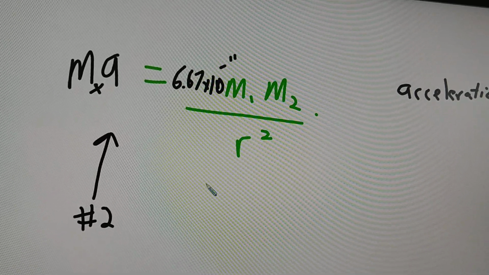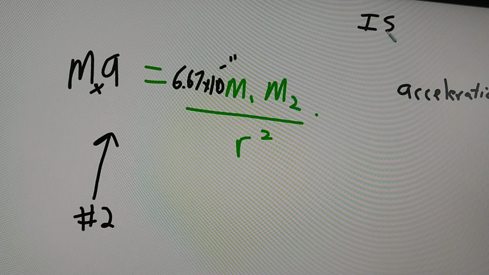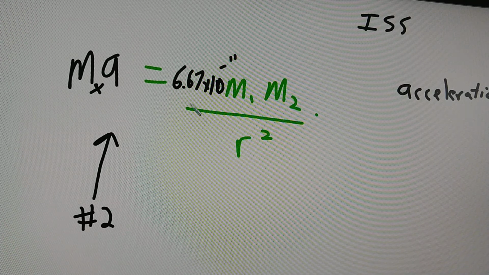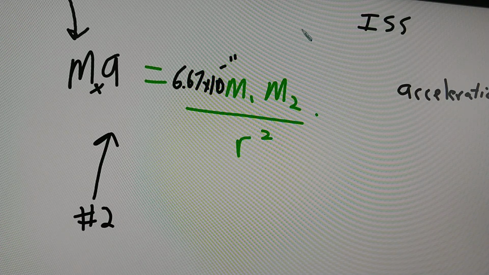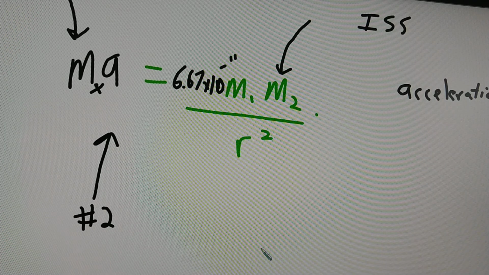If we're talking about the International Space Station, it is the body that is in orbit. So we are talking about this mass being the International Space Station. We can also consider this mass to be the International Space Station. So now I want you to rewrite this formula, eliminating whichever letters that you can.